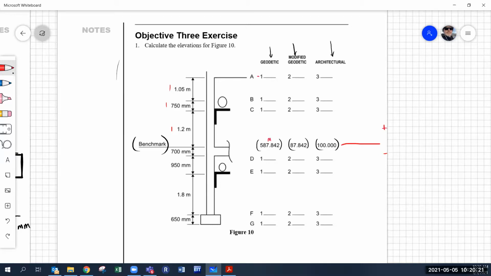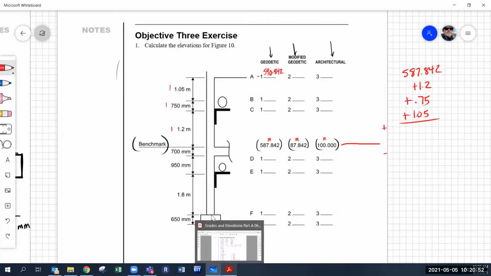These are meters, these are meters, and these are meters. So 587.842, we add 1.2, we add 0.75, we add 1.05. A is 590.842.